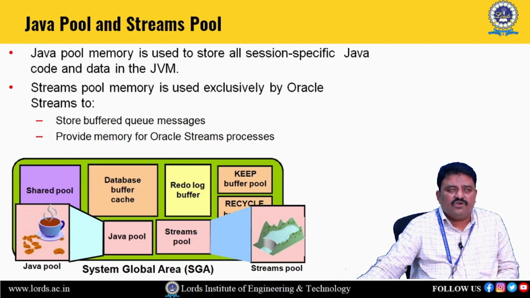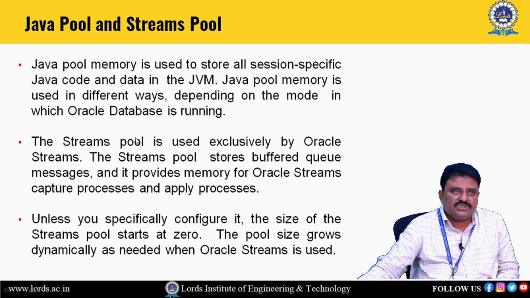The Java pool memory is used to store session specific data, and the streams pool is used exclusively by Oracle Streams. Oracle uses the streams pool to buffer the messages, retrieve the data and apply the process.